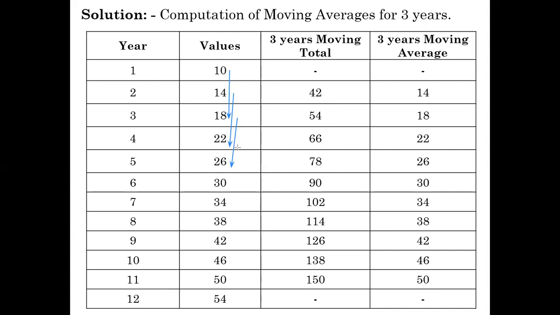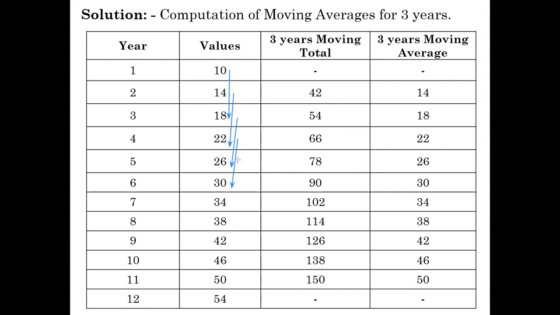If you mark like this in pencil in the exam booklet, you will not get confused. First 3, 42. Next 3, 54. Next 3, it will be 66. First 3, next 3, next 3, next 3, 30, 78.